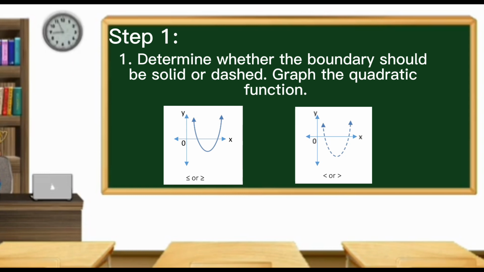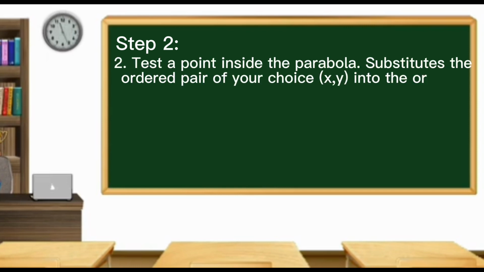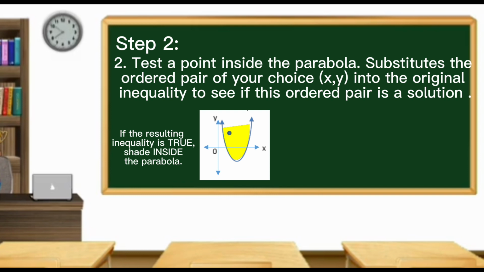Graph the quadratic function. Step 2. Test a point inside the parabola. Substitute the ordered pair of your choice, (x, y), into the original inequality to see if this ordered pair is a solution. If the resulting inequality is true, shade inside the parabola.